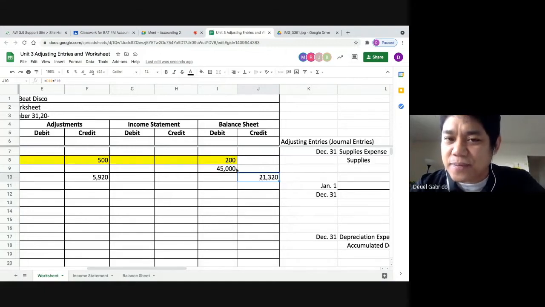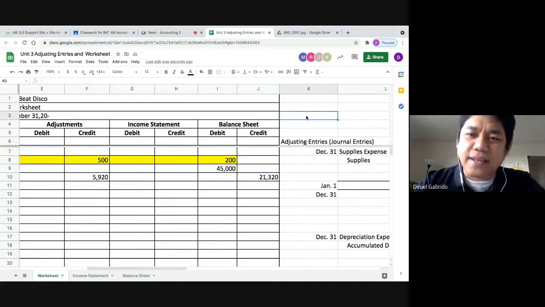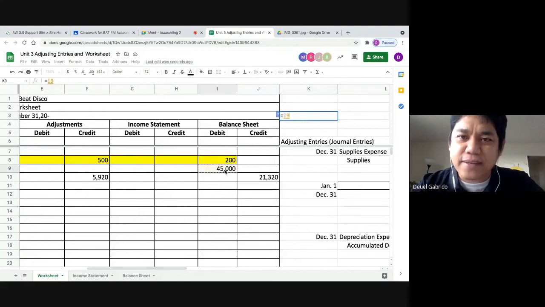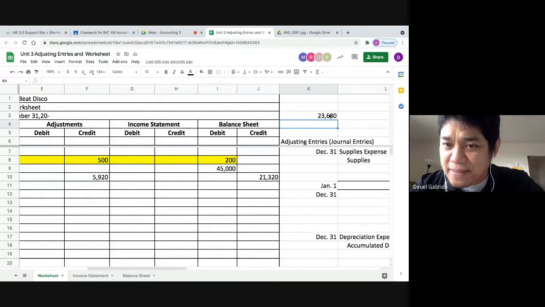So 45,000 take away the total accumulated depreciation. The real value of the equipment now is 23,680. Do you understand that?